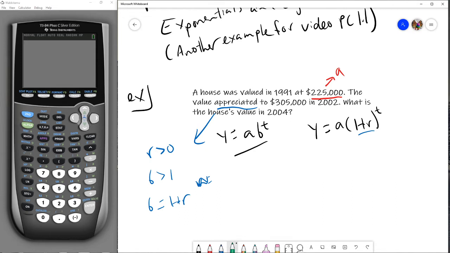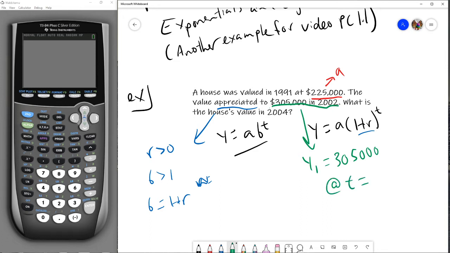Now, we have this information right here, which I just obscured with our nice green line. So this here is a y value, so I'm going to just call it y1. So y1 is going to equal 305, and this is at a particular time value.